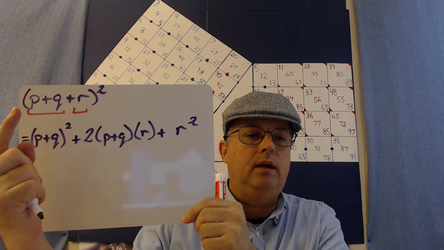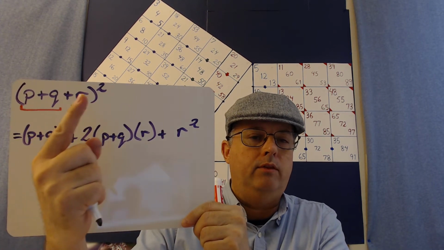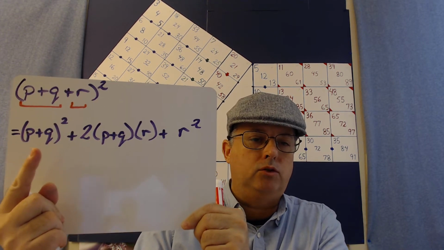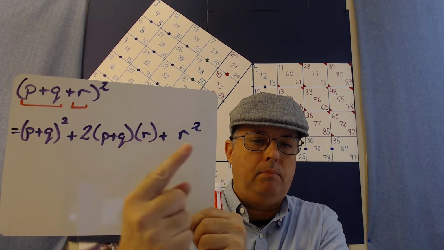Okay, so we're thinking of the p plus q as our x and the r as our y. We have x squared plus 2xy plus y squared.